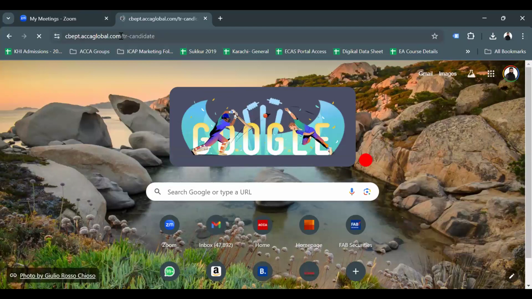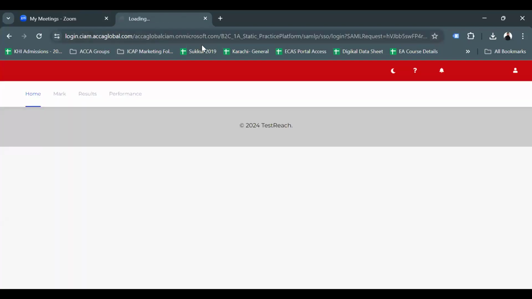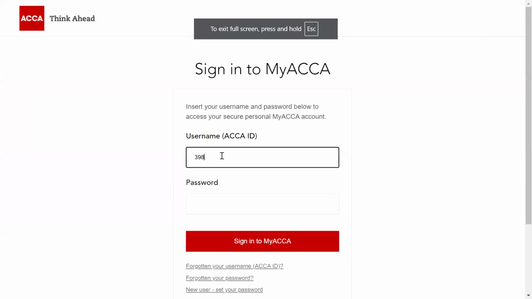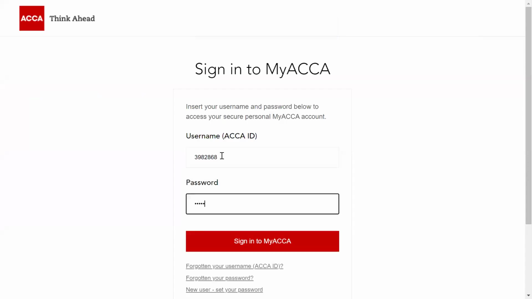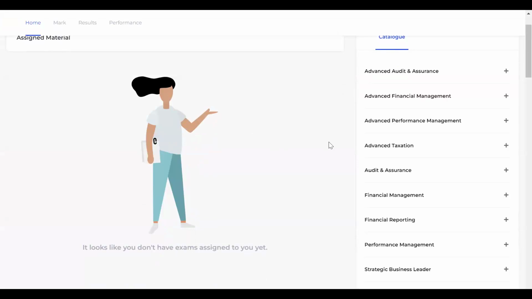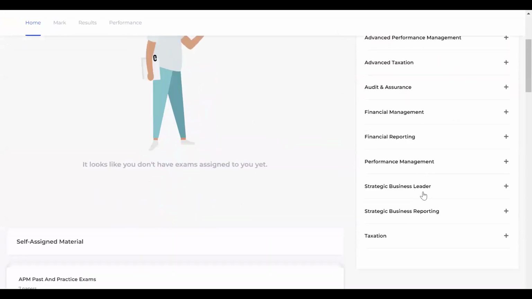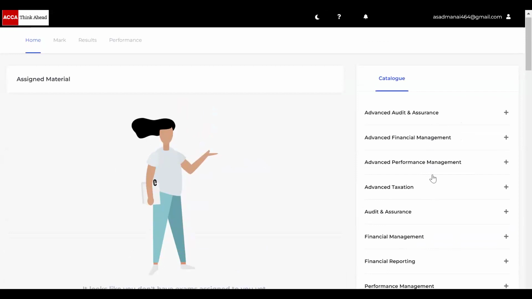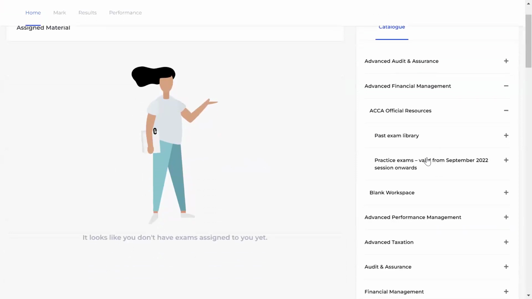You can go on to this ACCA website, cbept.accaglobal.com, and then you will be able to access the mock examinations from here, ACCA Advanced Financial Management.